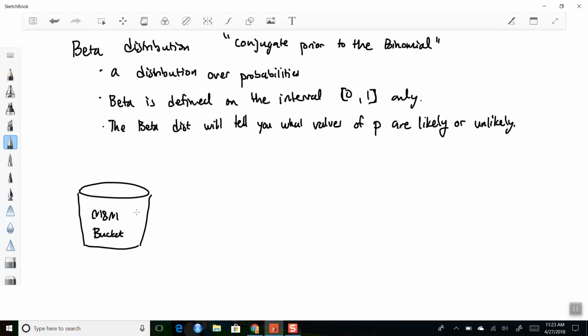Your friend says, let's play a game, and you, being a good sport, say okay. He shows you a red M&M and puts it in the bucket, and then he shows you a green M&M and puts it in the bucket.